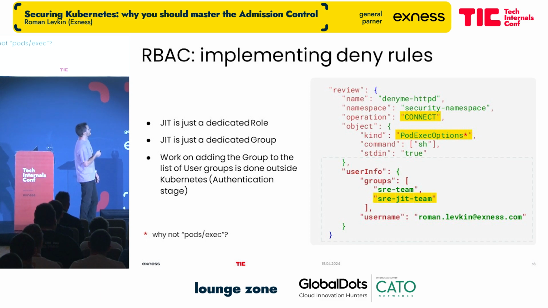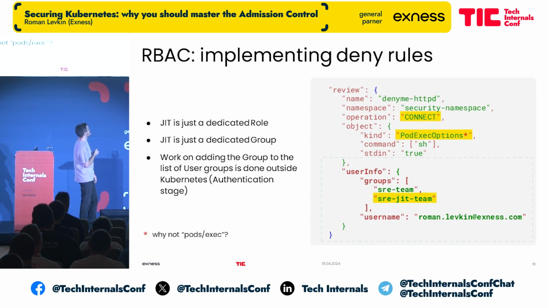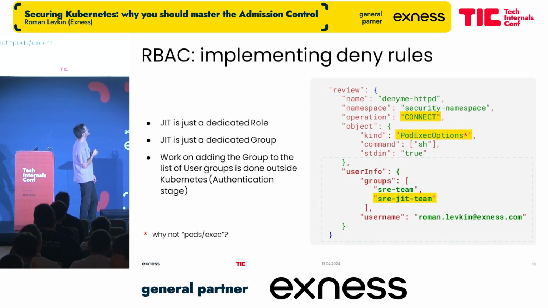Just-in-time access is based on just an additional group added to the list of the groups which we have inside the user info section. So we simply take this group, we take the type of operation when the kubectl exec command is executed. This type of operation is called connect. And the kind of object, this kind of object is created every time someone submits a kubectl exec command.